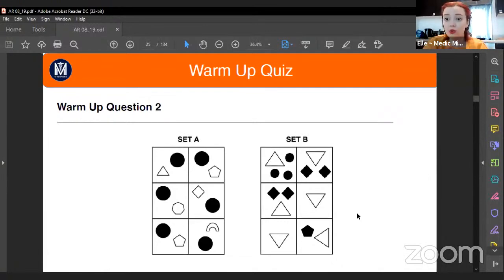And this is what I said was the difference between good and exceptional candidates. A good candidate can pick out certain points, but to take it to the next level, you then need to say, does that hold true for everything, or is it a distractor? So actually the pattern you were looking for is what someone's just posted in the chat: for set A, you always have a black circle, and for set B, you always have a white triangle.